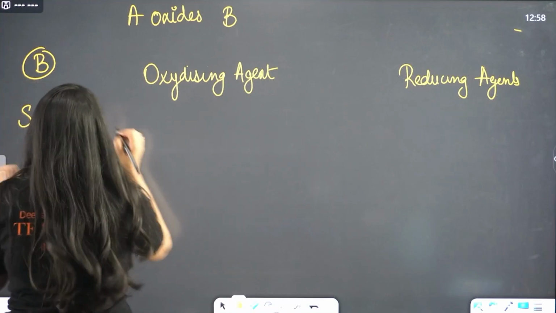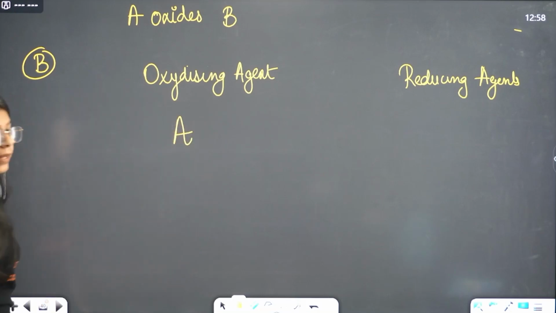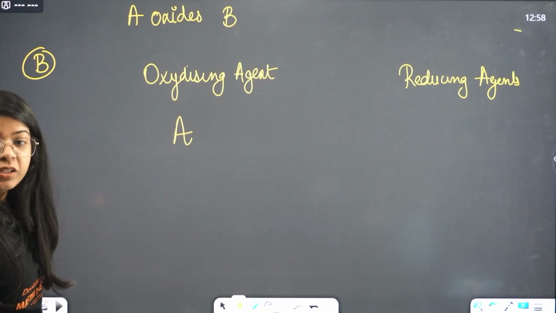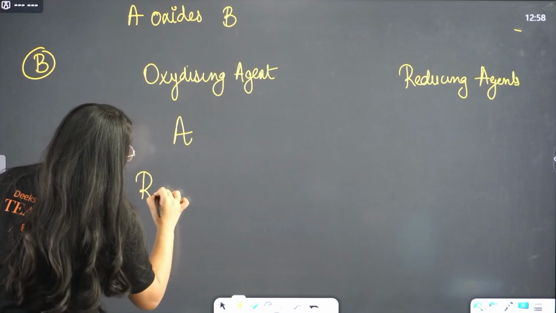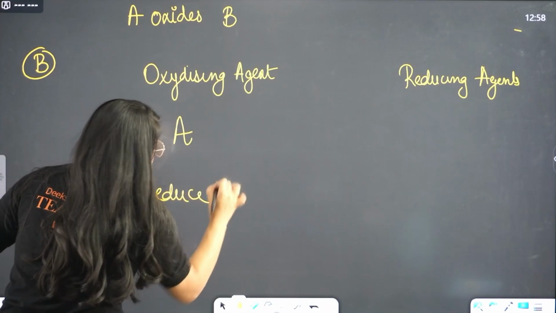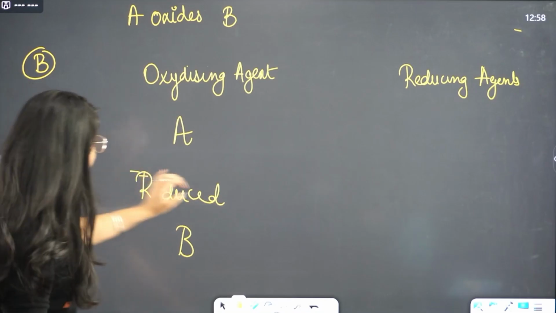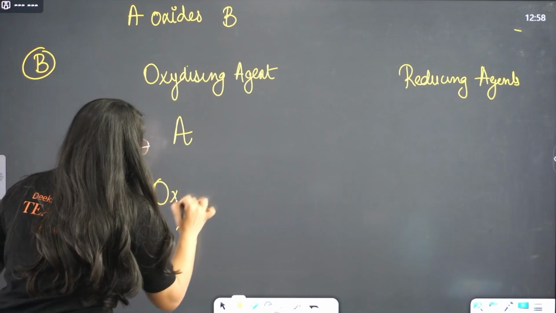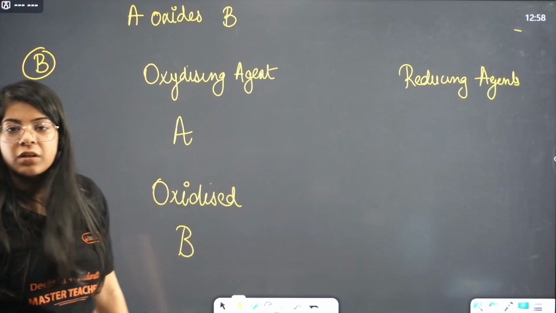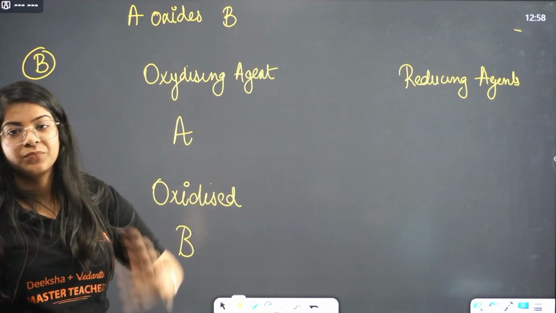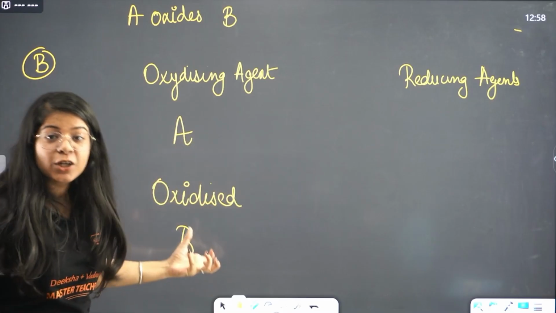So what will A be? The oxidizing agent will be A, right? A will be the oxidizing agent, and B will get oxidized. Understood? B is losing electrons, A is making it lose electrons.